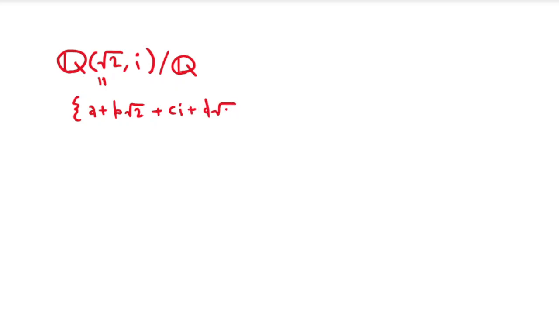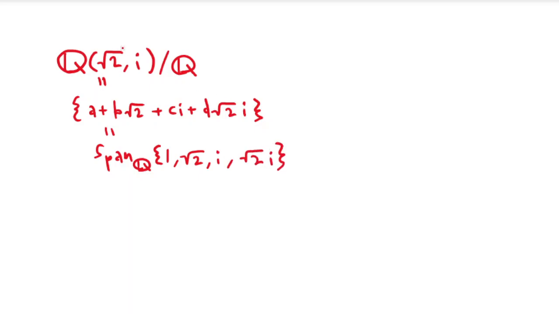So you can see that this is a 4-dimensional Q vector space. It's basically all of the Q-linear combinations of 4 things this time, right? So it's 1, we're adjoining square root of 2 and i, so those need to be in there. And then their product is also contained in this extension. So this is a 4-dimensional Q vector space.